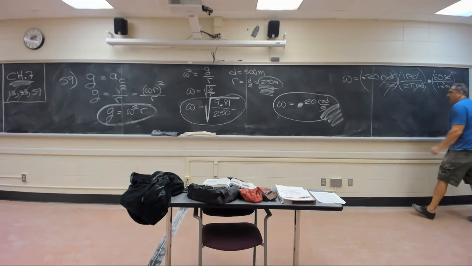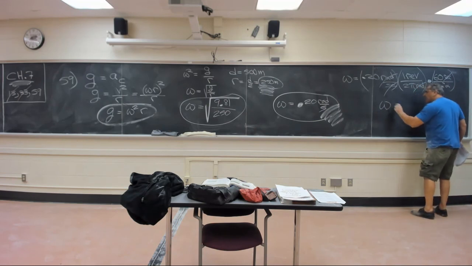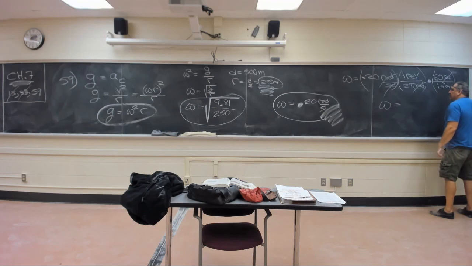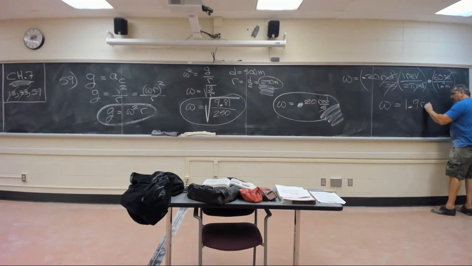Got 12 over 2 pi. That's 6 over pi. That's going to be 1.9. 1.9 revolutions every minute, and they'll be able to mimic gravity.